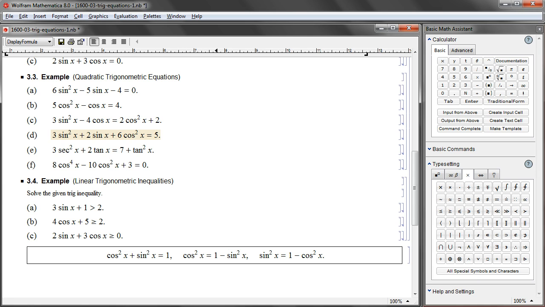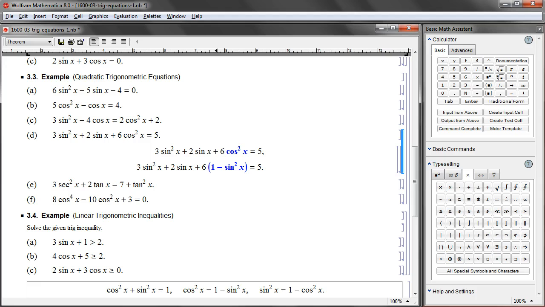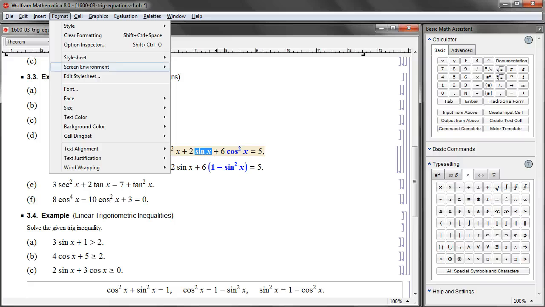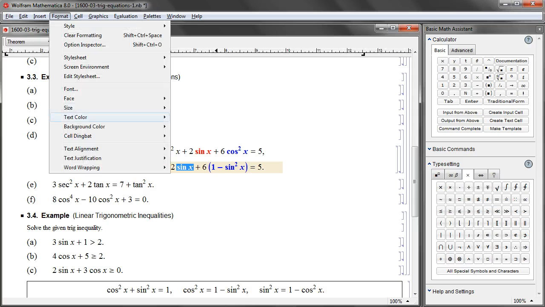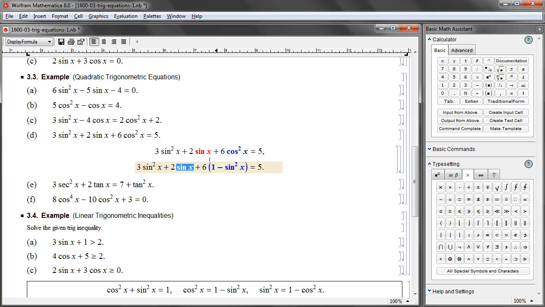Why? We have sine squared, we have cosine squared, but they're interchangeable as we can see over here. What's not interchangeable is the middle term, this one. I just highlighted the first order term, sine of x.